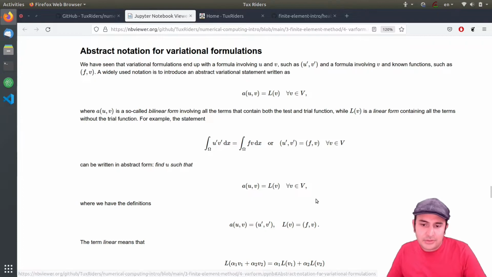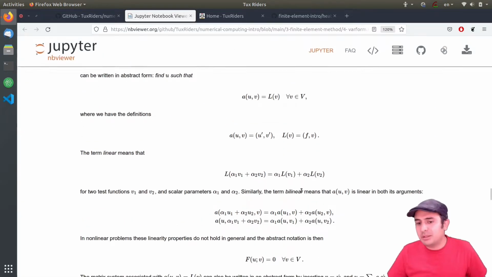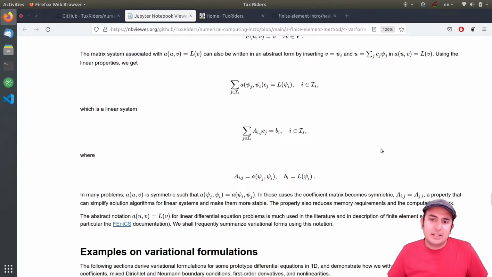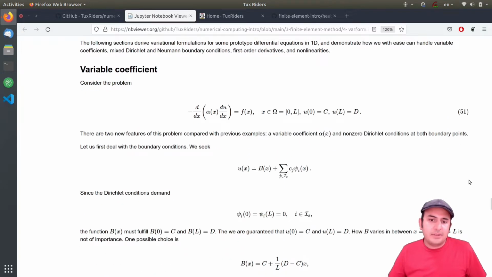And then there is some mathematical proof here of the properties of bilinear and linear terms, which are not important, and in the end you will see that we have a nice notation here, A equals B. So actually the linear term becomes the B, and the bilinear term contains A and the X, or in this case C. So this is a very, very important notation, and something that, as I said, you will see a lot in finite element literature.